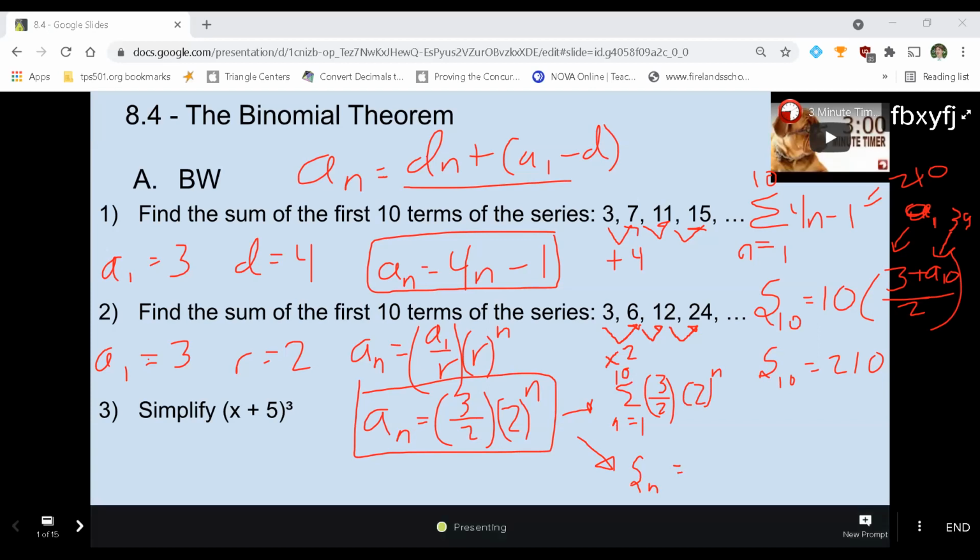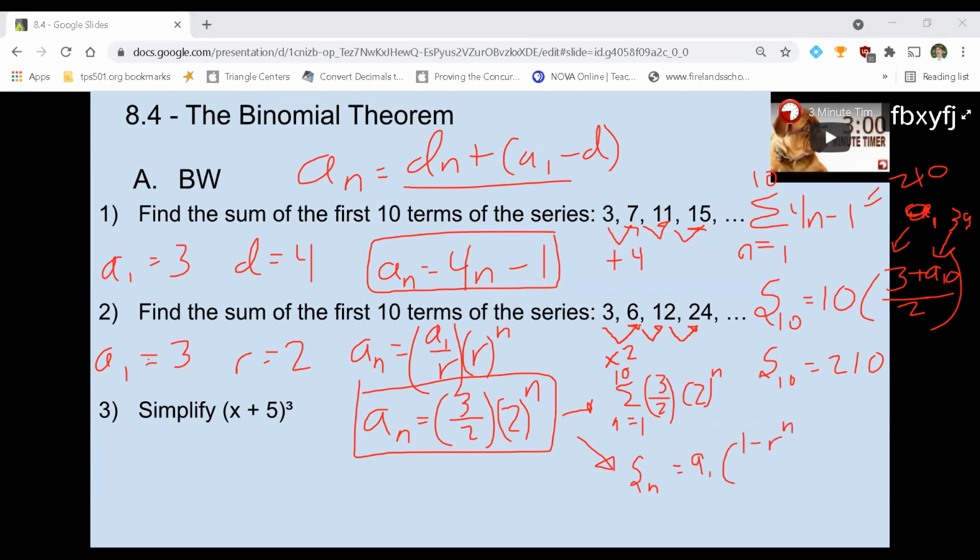It's the first term, 1 minus r to the nth over 1 minus r. So for us to get the first 10 terms, we would do the first term 3, 1 minus 2 to the 10th over 1 minus 2.